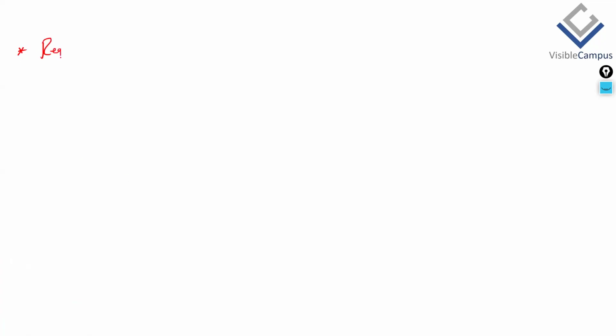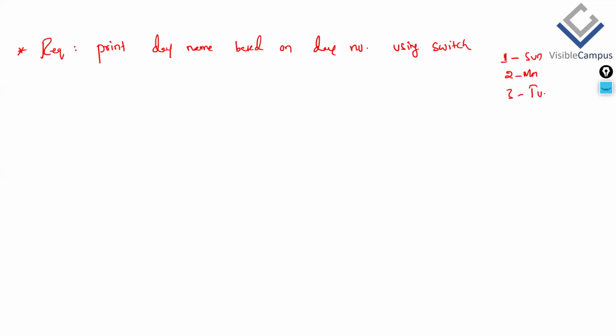So the requirement is: print day name based on day number using switch. 1 is Sunday, 2 Monday, 3 Tuesday, like this, and 7 is invalid.